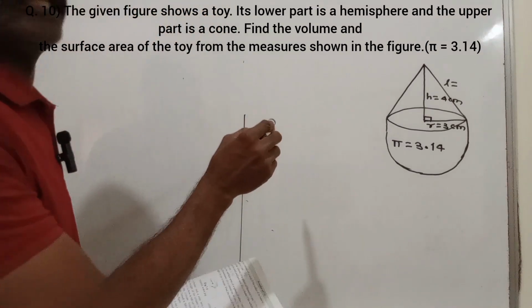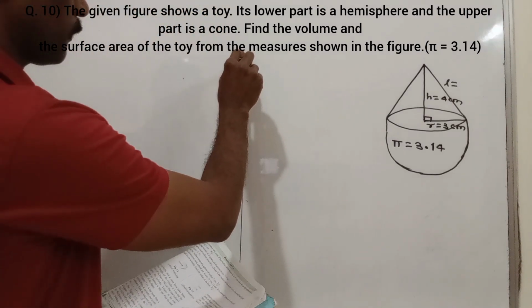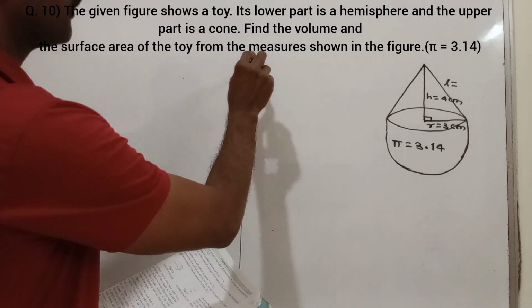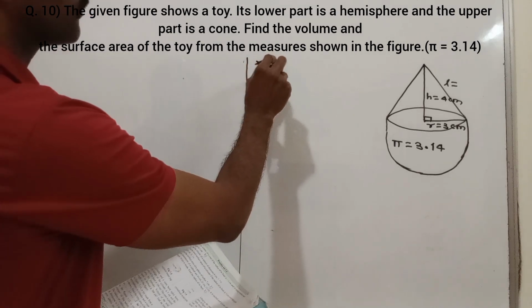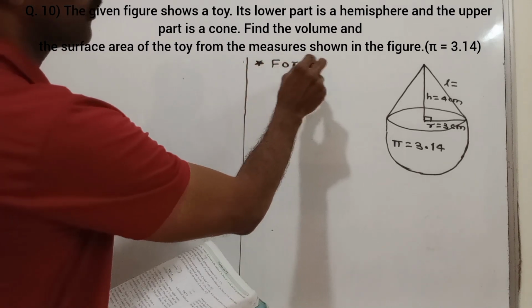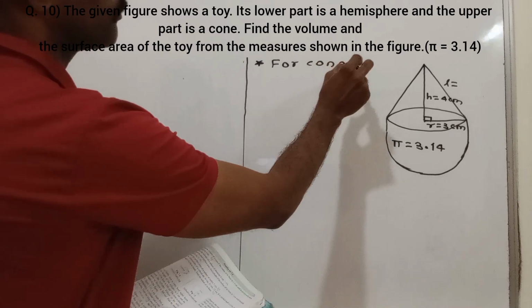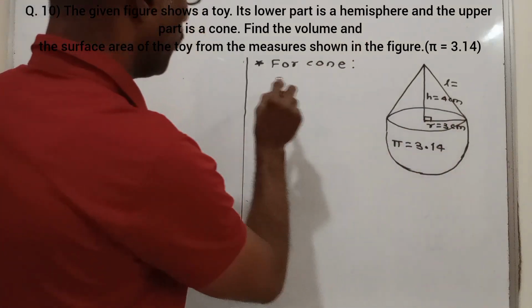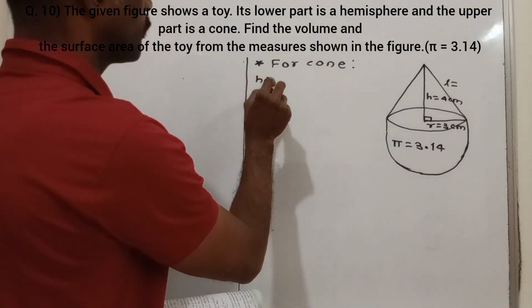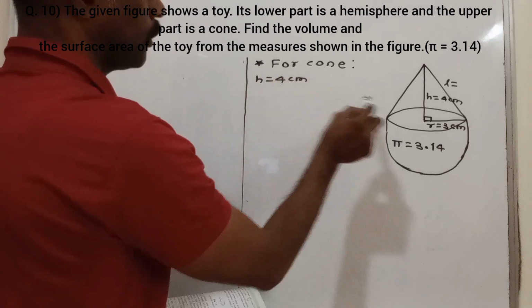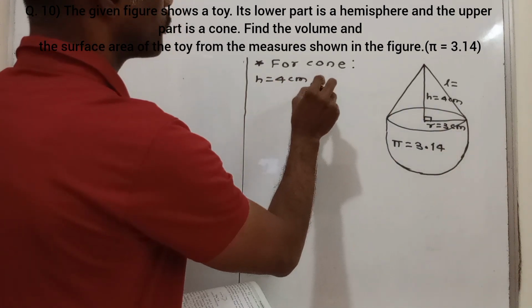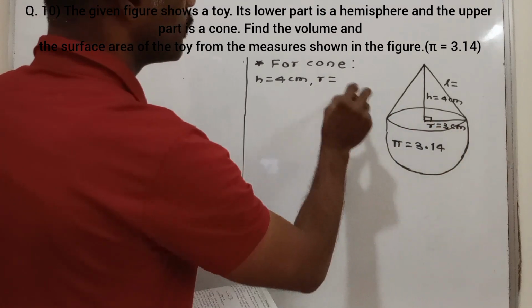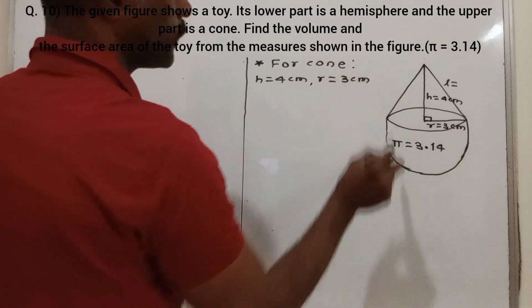So we write here, for cone, h is equal to 4 centimeter, radius 3 centimeter.